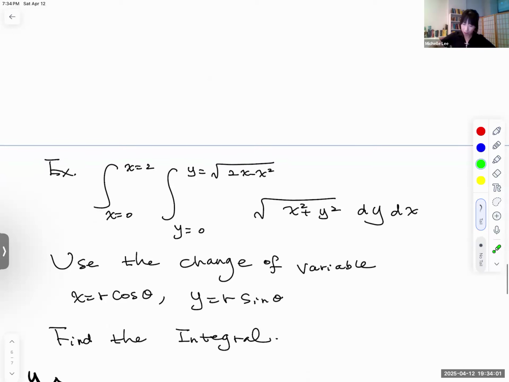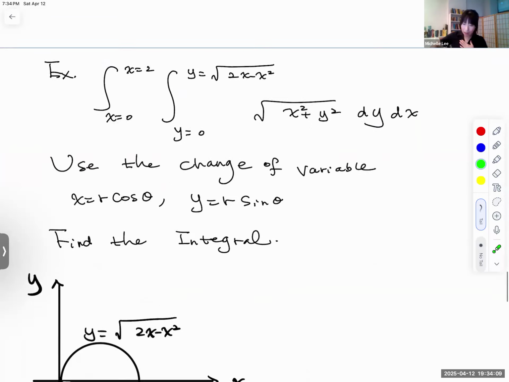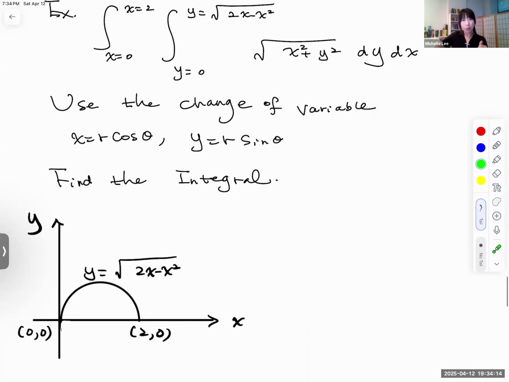So we have this one. We want to change it to r and theta. Now this is the picture of y equal to the square root of 2x minus x squared, which is the upper semicircle, right?